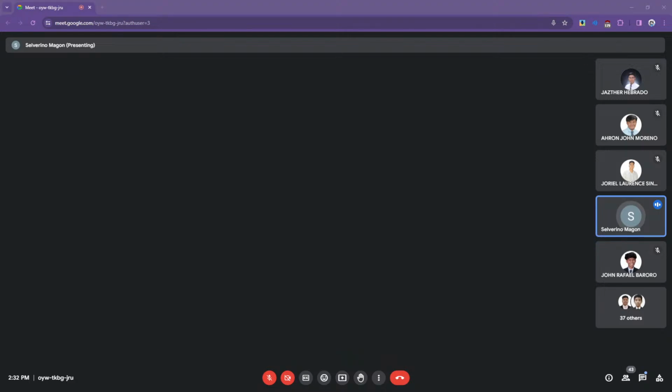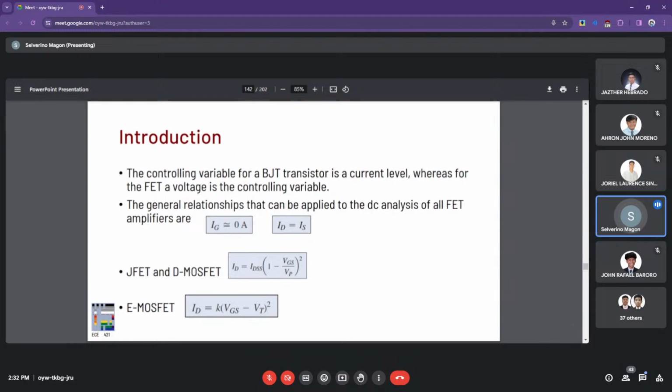Some essential relationships that we need to remember when doing the DC analysis for FET are the following. Since we have defined FET as having zero current at the gate, for MOSFETs that is also especially true. Anyway, these are valid for both JFETs and MOSFETs.